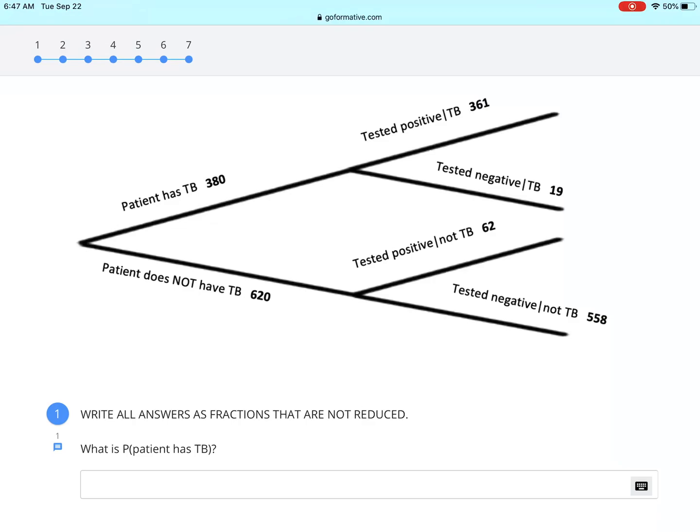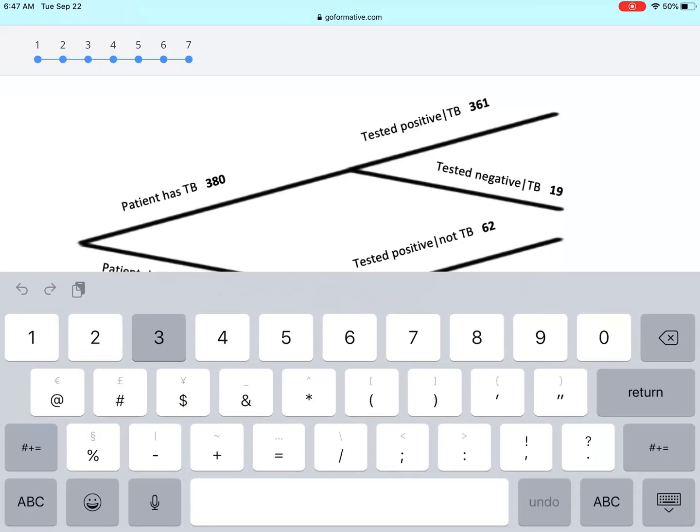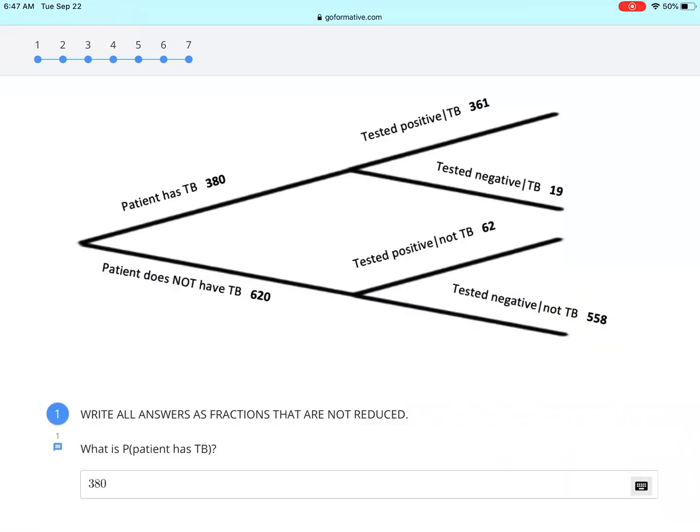Okay, number 1. What is P, patient has TB? So that's in probability notation, and it means what is the probability that a patient has TB? Well, I can see that patient has TB is 380. Okay, so I'm going to type in 380 out of all of the patients.